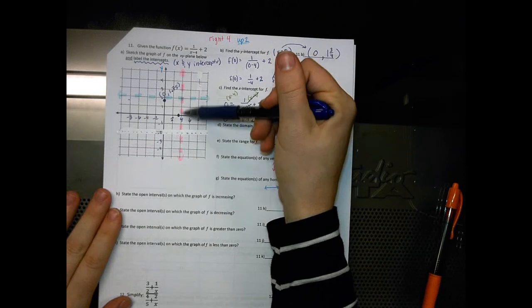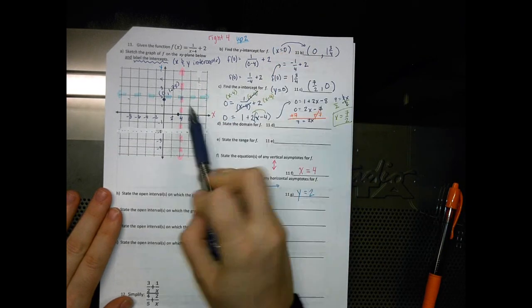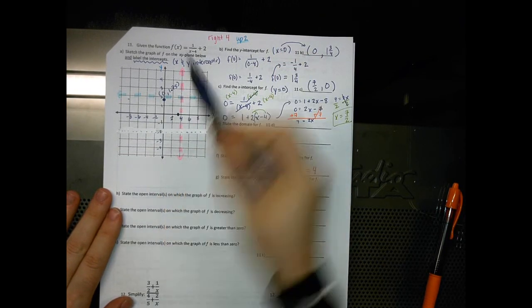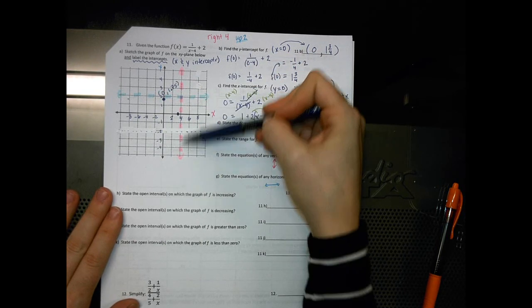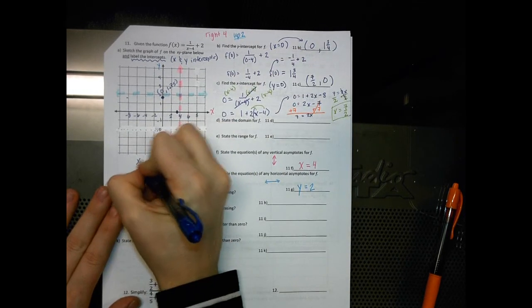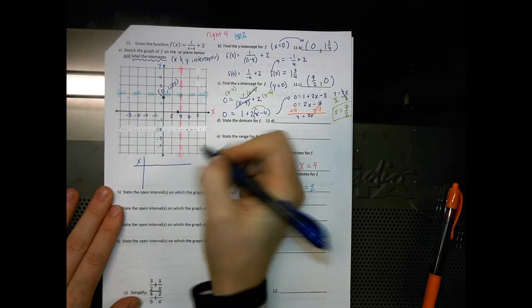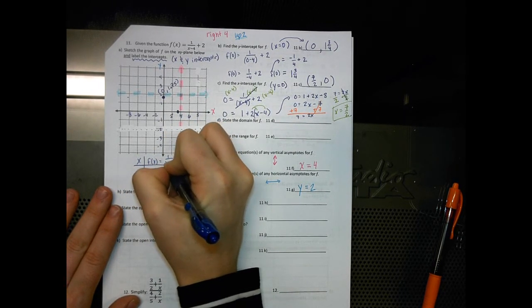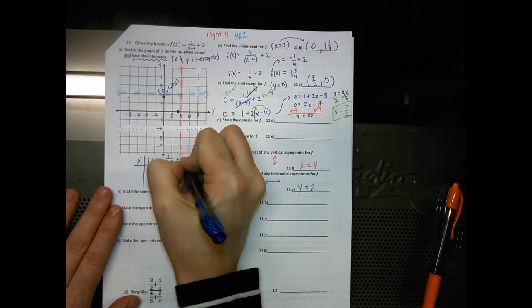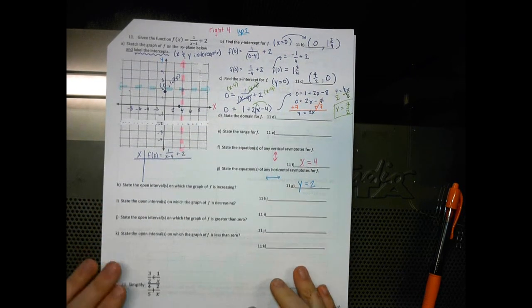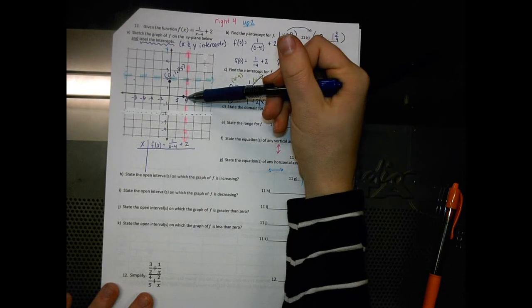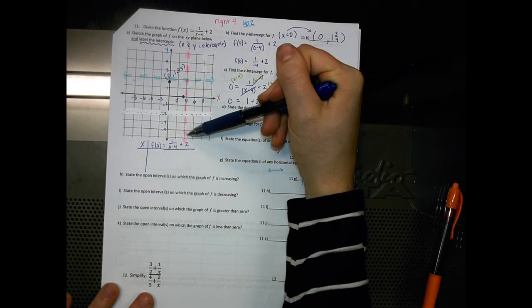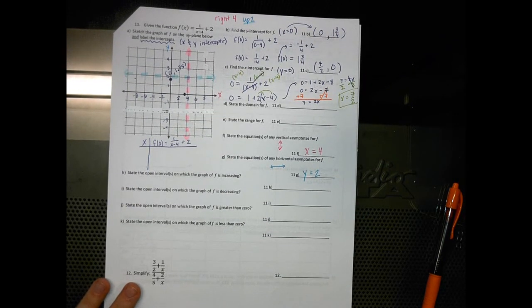We want to plug in a number to the left and to the right of my vertical asymptote. Bless you. All right. My asymptote's at x equals 4. What number should I plug in?